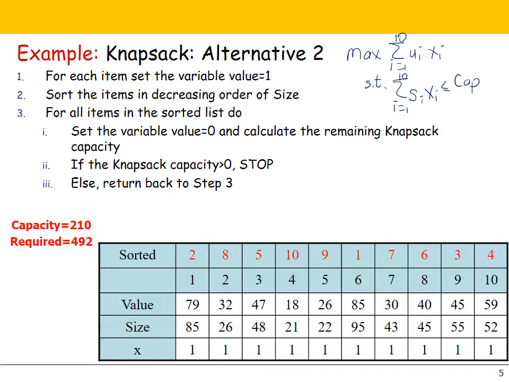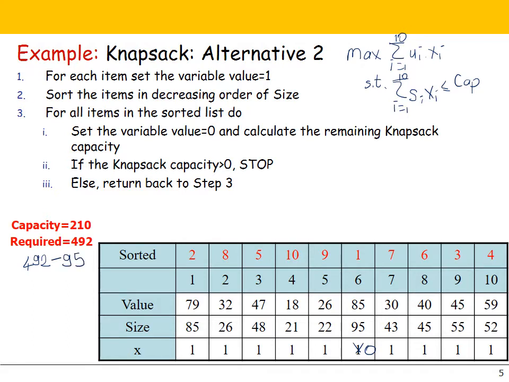Let's solve this problem using this heuristic this time. We already completed the first 2 steps. We set all variable values equal to 1 and we sorted. Now in the third step we start from this item and make its value equal to 0, which is this one. If we take this item out of the knapsack, the required capacity is 492, and we are taking 95 out of this.